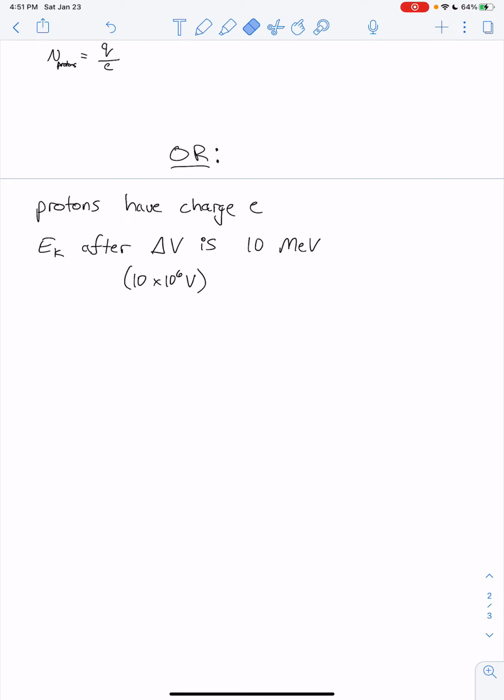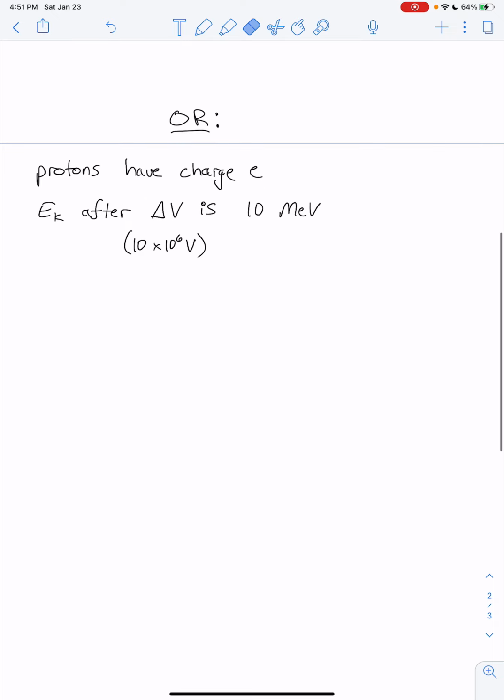And then so it's really straightforward to go to electron volts once you have a potential difference, especially dealing with a proton. And so we know the energy immediately. And that makes electron volts really useful. Now, let's say we still wanted to have this in joules.